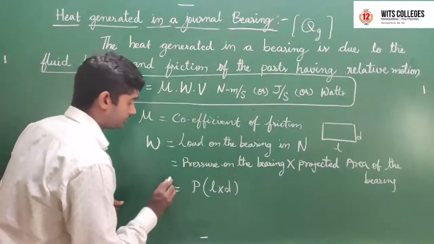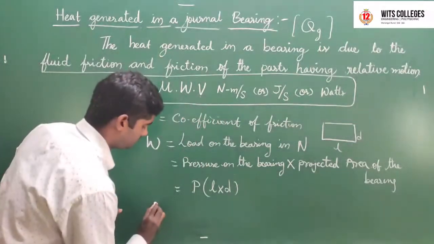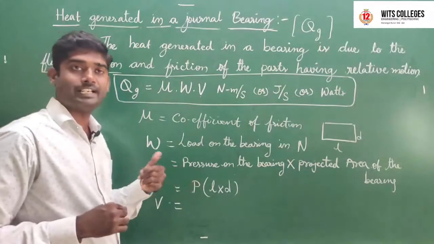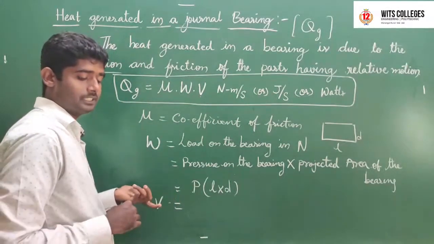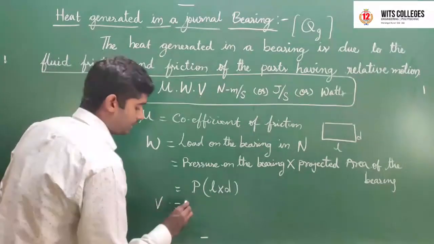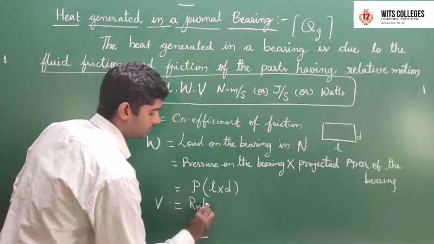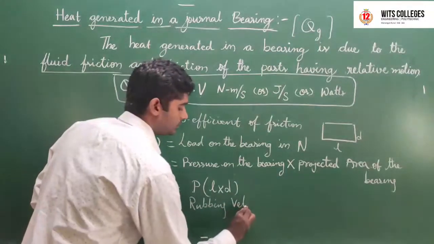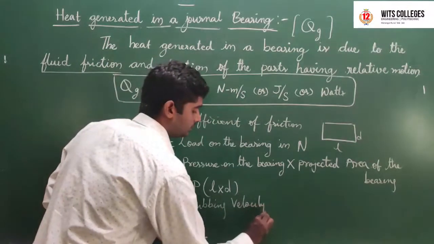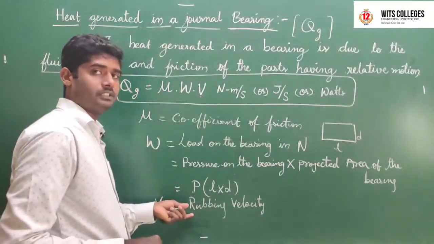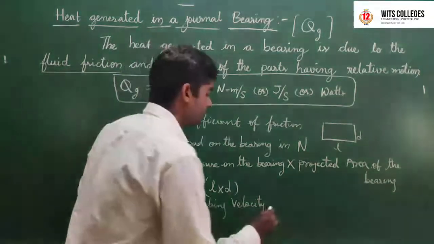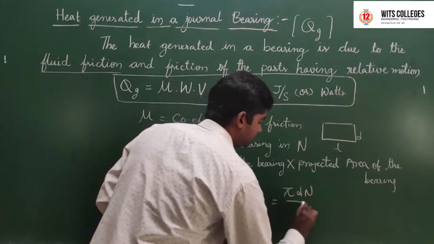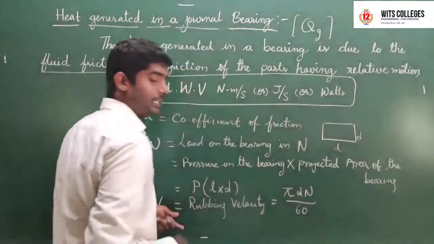Next, V. What is V? V is the velocity, the absolute rubbing velocity of the bearing. The formula is always pi D N by 60.